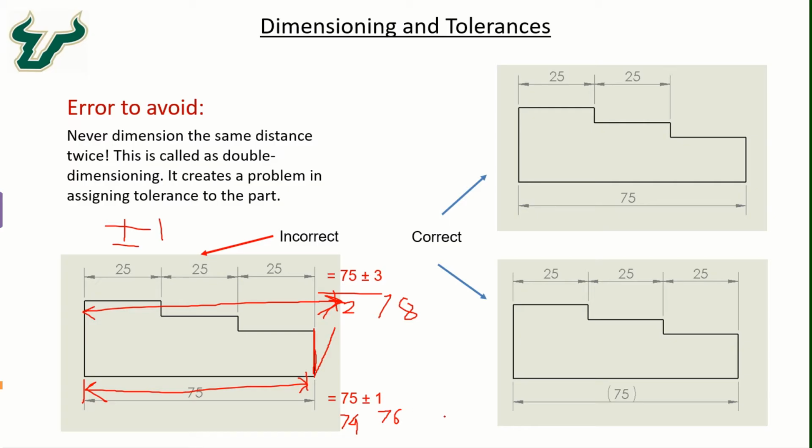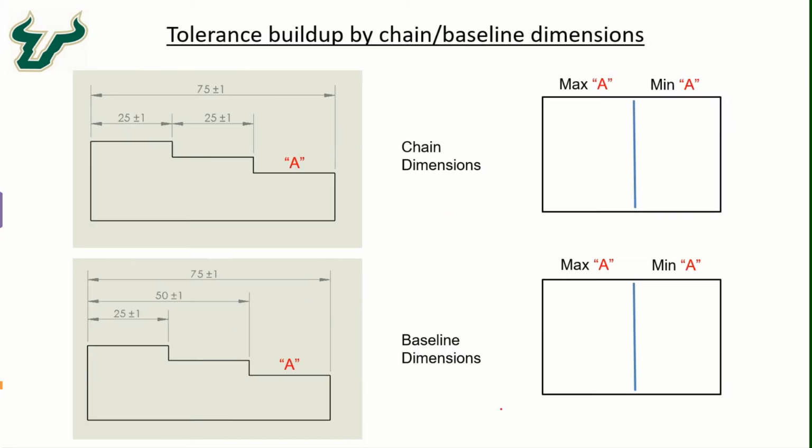So the tolerances can be classified into different categories. There are tolerances on the dimensions, tolerances on the geometry, and tolerances of the form. In this video, we will be focusing on the locational tolerances and also the dimensional tolerances.